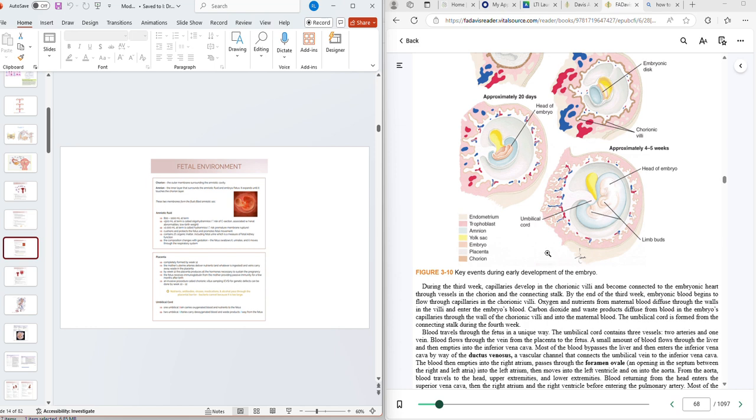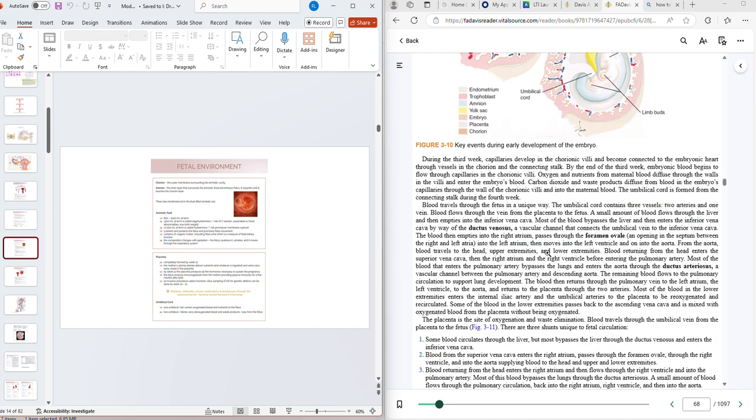On page 68, it's talking about again the blood traveling in a unique way. So we talked about the deoxygenated being in the arteries and the oxygenated being in the 1 vein, right? But also it's a different concept with how the blood actually circulates.